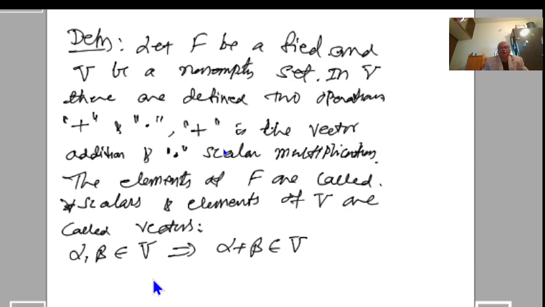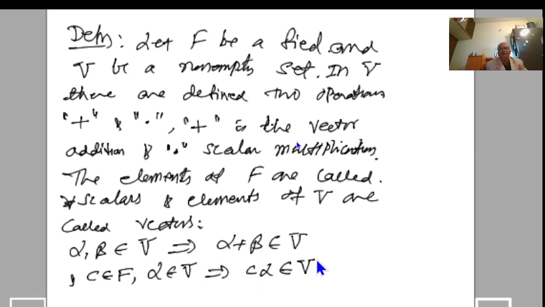Plus is defined between two elements of V. And if C belongs to F and alpha belongs to V, then C into alpha also belongs to V. So if alpha and beta are any two elements of V, then alpha plus beta belongs to V. And next, if C is an element of F and alpha is an element of V, then C into alpha is an element of V. This is known as the vector addition and this is known as the scalar multiplication.